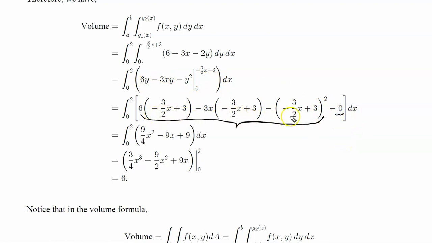Now we just need to simplify this. It's just a bunch of algebra. You have to FOIL this out: 3x times negative 3 halves x, and minus 3x times 3. This is all just a quadratic in here. You just need to simplify it, and I claim that you will get this down here. I'll let you work that out. That's just some algebra that you normally have to go through with these problems.